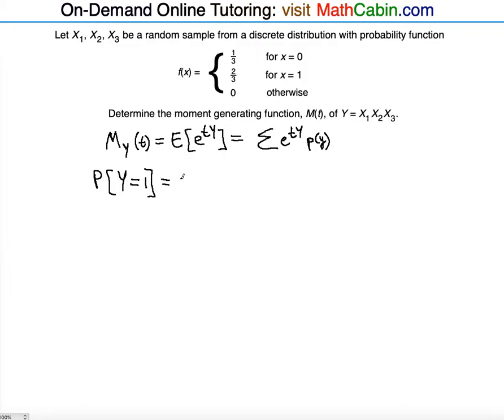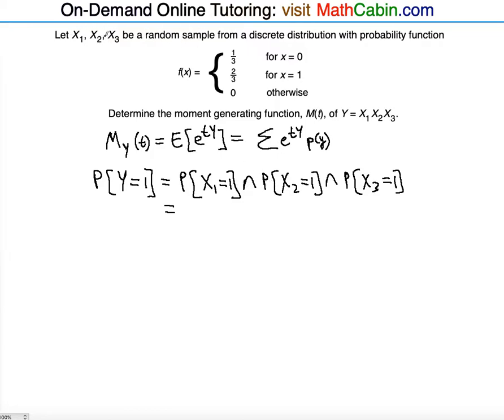So this is only possible if the probability that x1 is equal to 1, and x2 is equal to 1, and x3 is equal to 1. Now how do we calculate that probability? Notice that we're talking about a random sample.